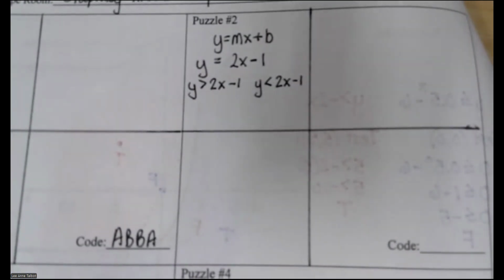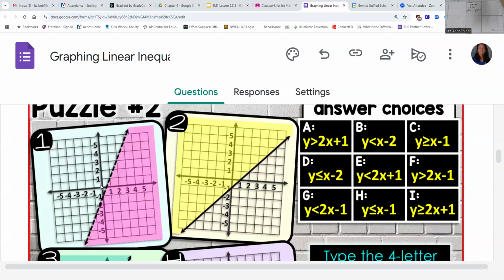Okay, now going back to the picture, would 0, 0 be true or false? False. Can you see that it's not in the shaded region? Okay, so what I'm going to do is plug in 0, 0 to both of those and see which one would give me false.